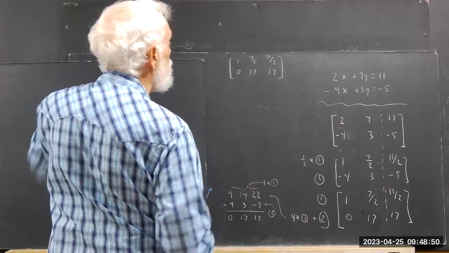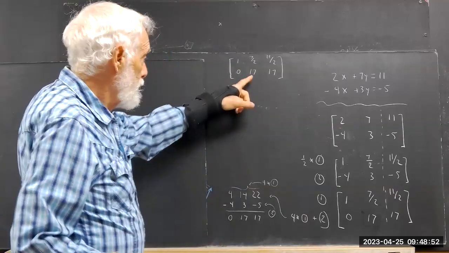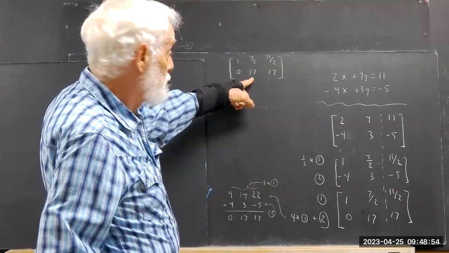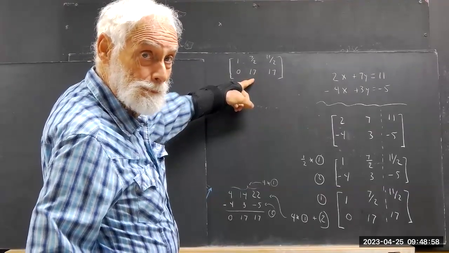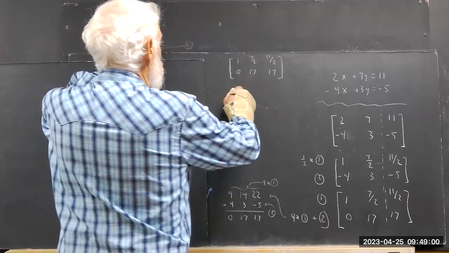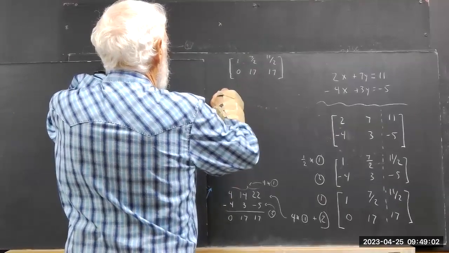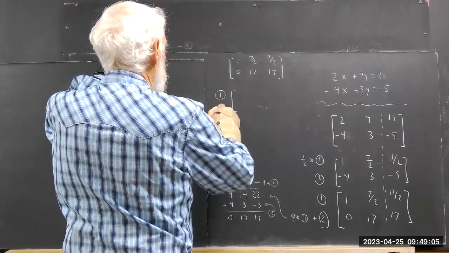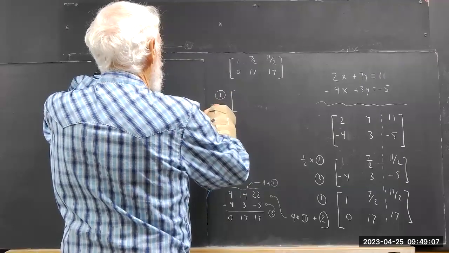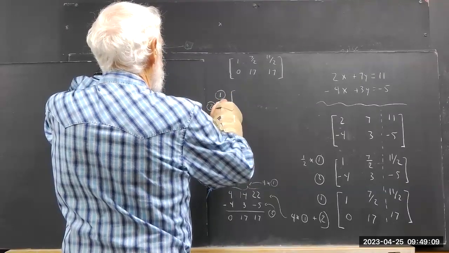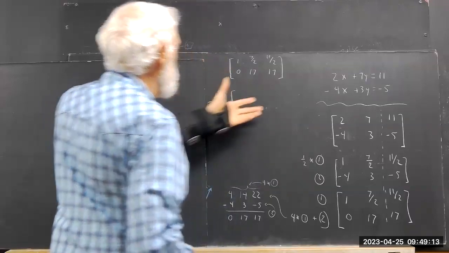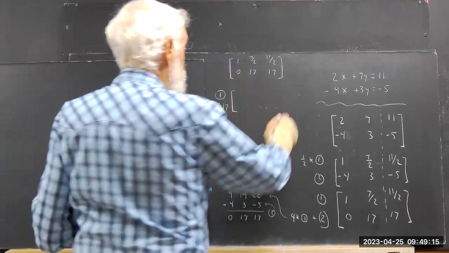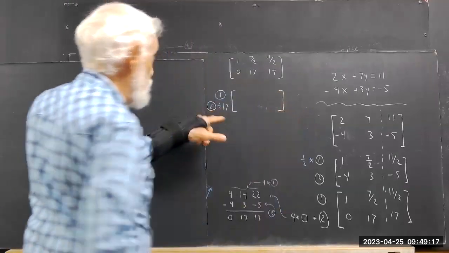Next, we want to divide this one by 17. So we're going to want to write down the first row, which is okay for now, and the second row divided by 17. So what matrix would you write down if you did that?